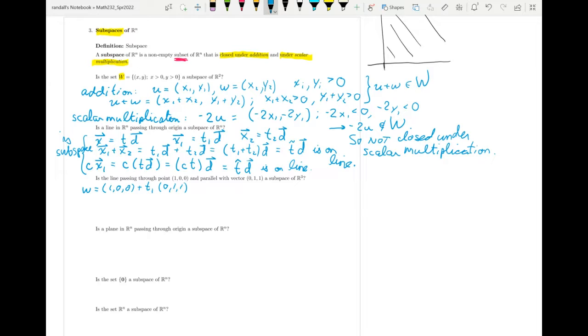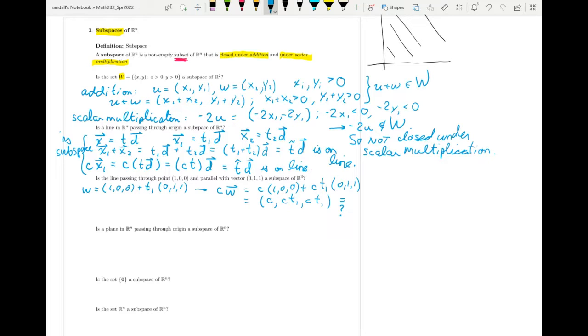So let's do scalar multiplication. W is this, and therefore c times W is going to be c times (1, 0, 0) plus c times t1 times (0, 1, 1), which we see as (c, ct1, ct1). So I've taken an arbitrary vector and multiplied it by a scalar c, and I end up with this vector. Our question is, is it on this line?